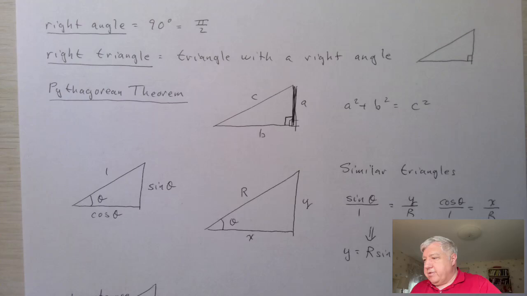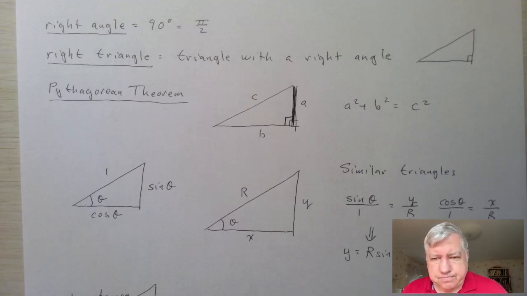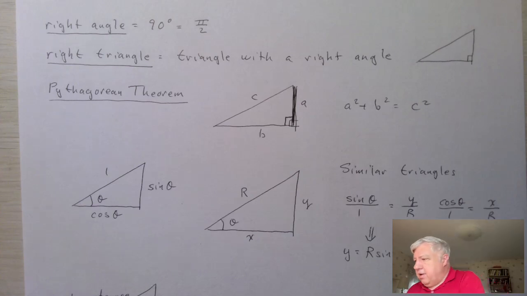Now, if you've seen other geometry courses, you might have heard about similar triangles. We say that two triangles are similar if some combination of sides and angles are maybe not the same, but proportional to each other.